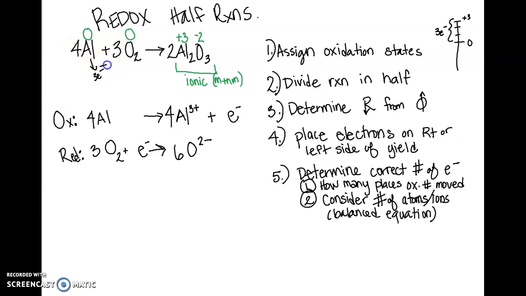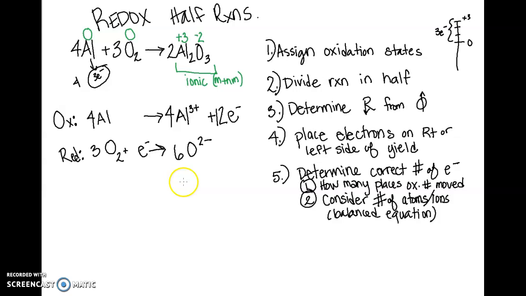There's 4 of them. And if you have 4 atoms, each losing 3 electrons, that's 12 electrons. So from this, we're going to determine the correct number based on how many places the oxidation state moved and the number of the coefficients involved in the balanced chemical equation.